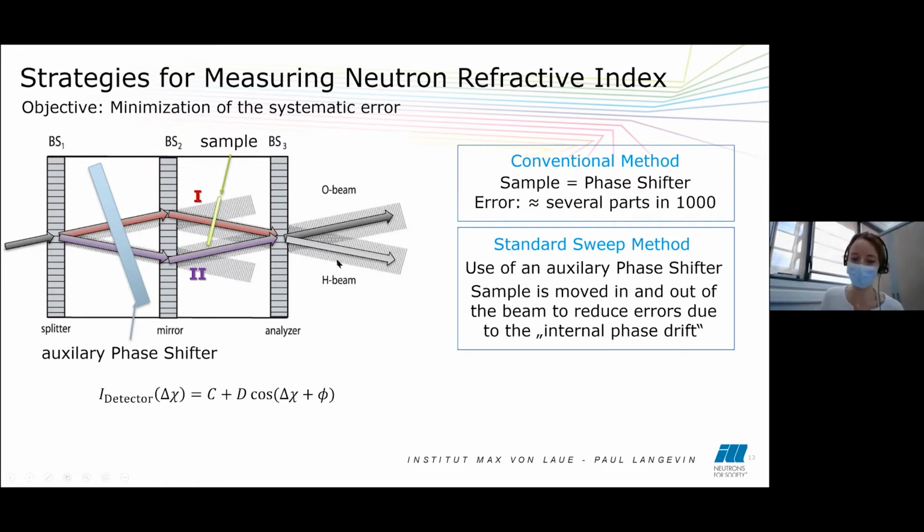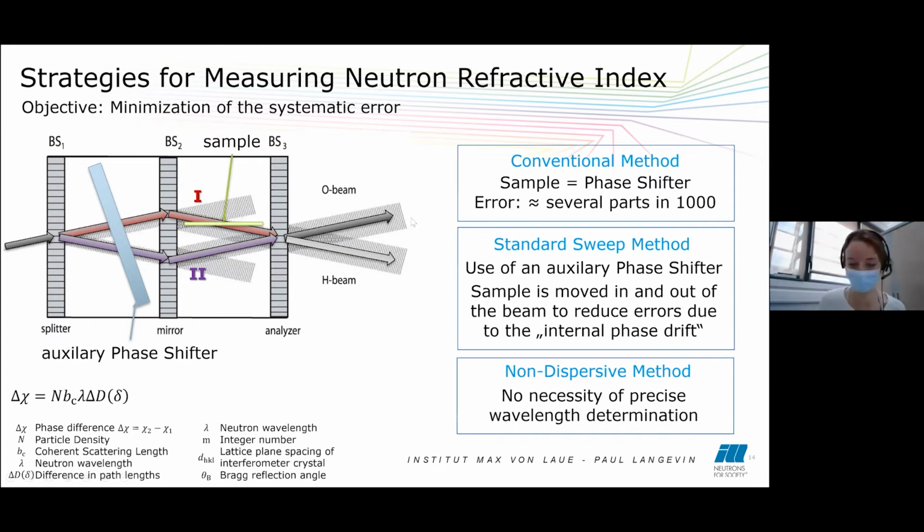And finally, there exists another interesting method called the non-dispersive measuring method. It looks similar to the standard sweep method, only that the boundary of the sample is oriented parallel to the reflecting planes of the perfect silicon crystal.